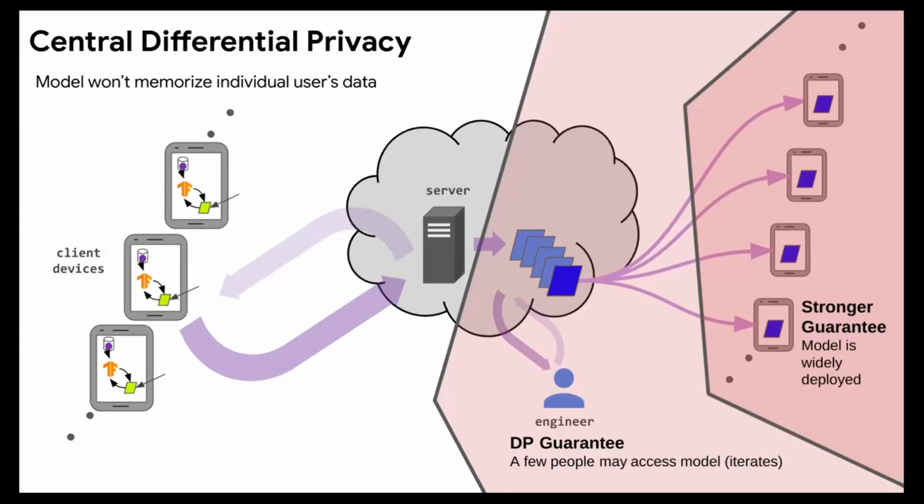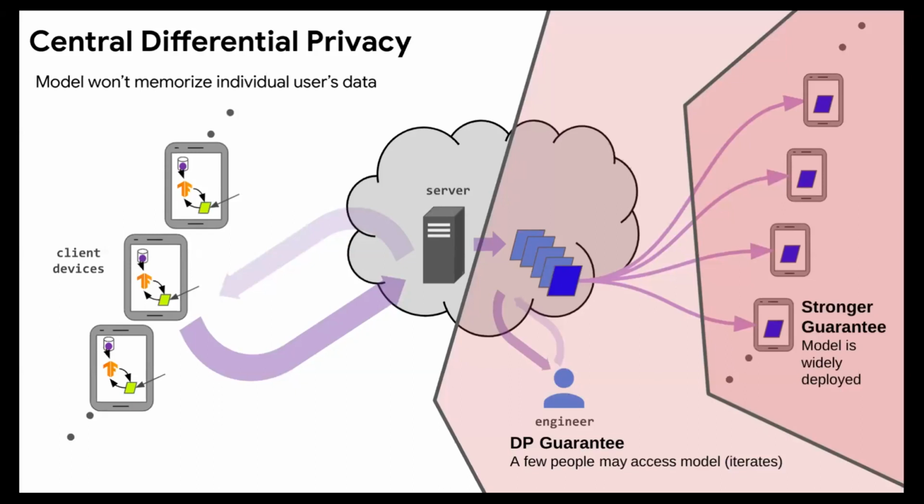So what can we get from differential privacy? In this part, we will mainly consider central-level differential privacy. Central-level differential privacy ensures that the model won't memorize each individual user's data. Remember, in federated learning, the clients don't share their data.